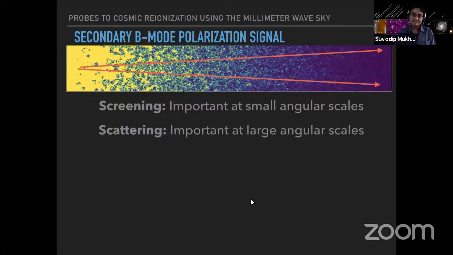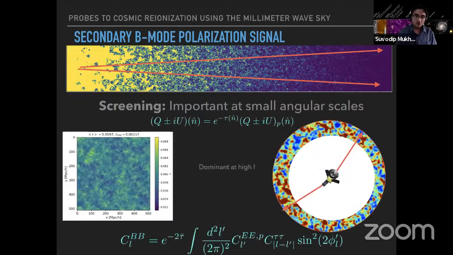And it gets two distinct effects. One is called screening, which is important at small angular scales. And the other is called scattering, which is important at large angular scales. So what is screening? Screening is happening because when the universe is getting ionized, it never happens homogeneously, but it is significantly inhomogeneous.